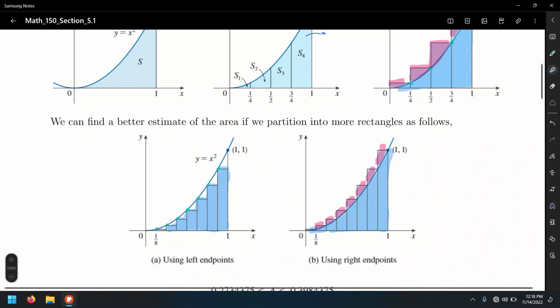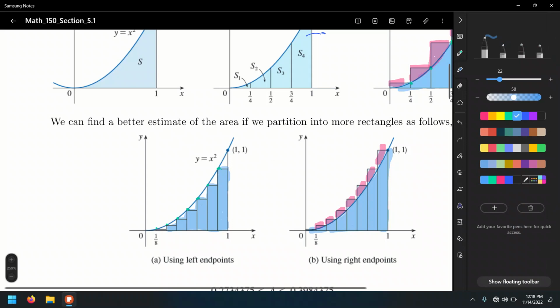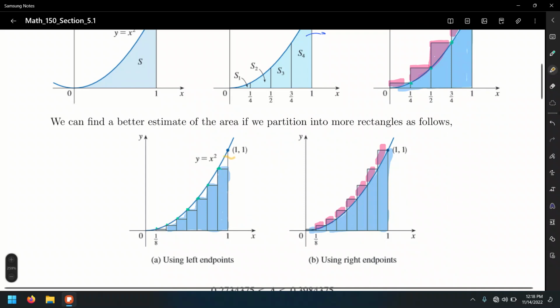However, one thing to distinguish between the estimation via right endpoints versus left endpoints is that instead of getting some extra area outside of the graph that we don't want, when we use the left endpoints we are getting gaps where we're not considering this area.